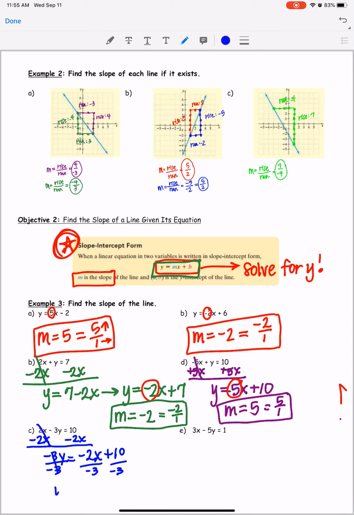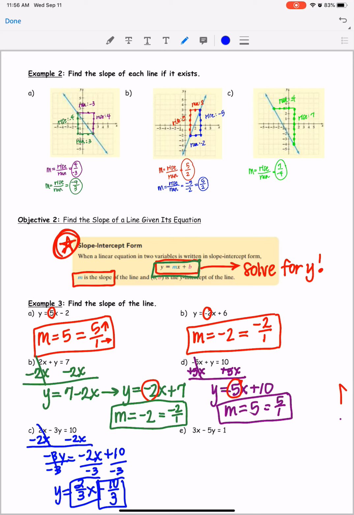Okay, so we get y equals, reduce if you can, -2 over -3. Well, I can't reduce 2 and 3, but negative over negative is positive, so I get 2/3 x. And I can't reduce this, but I do know that positive divided by negative is negative, so we get minus 10/3. Now, it's okay to get fractions here.